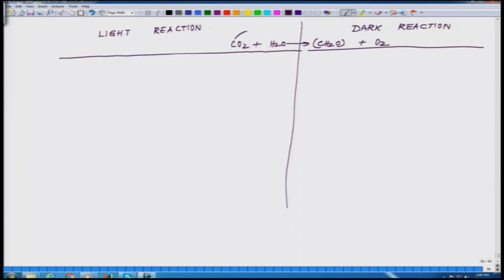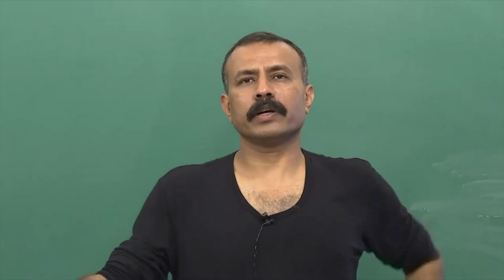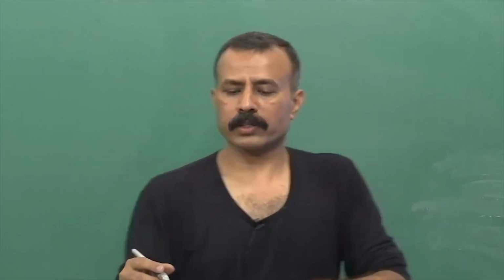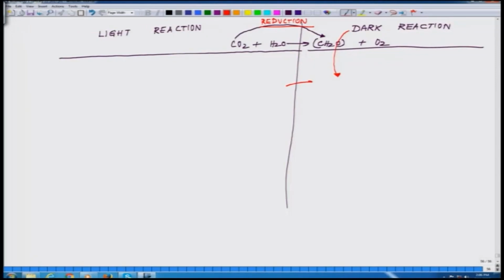Now, this conversion of CO2, this reduction reaction from CO2 to CH2O or to the carbohydrates, for this you need a series of electrons to take care of this in the form of the reduction potential. That reduction potential is supplied by what we talked about, the NADPH, and the reaction in which this whole thing takes place is called dark reaction or Calvin cycle.